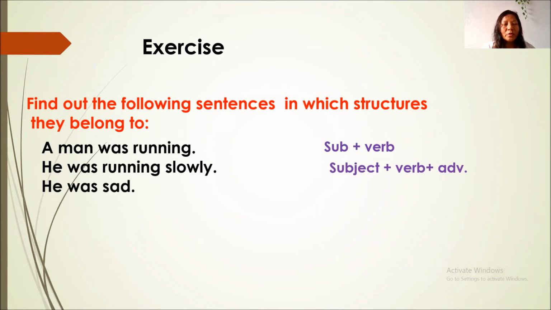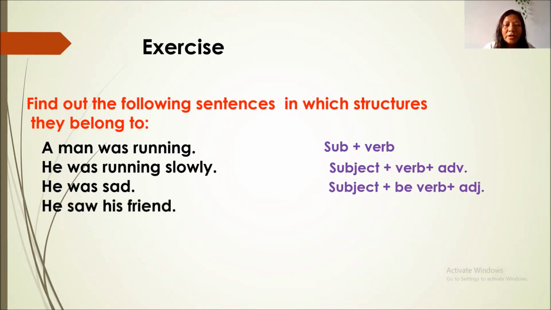Good. Next one: he was sad. He is the subject, was is the verb, sad is an adjective. So the structure is subject plus verb plus adjective, right? And here, he saw his friend. He is the subject, saw is the verb, his friend is the object. So the structure is subject plus verb plus object.